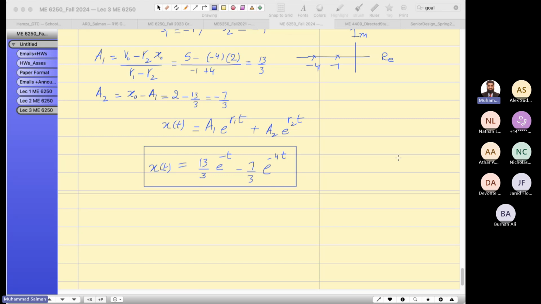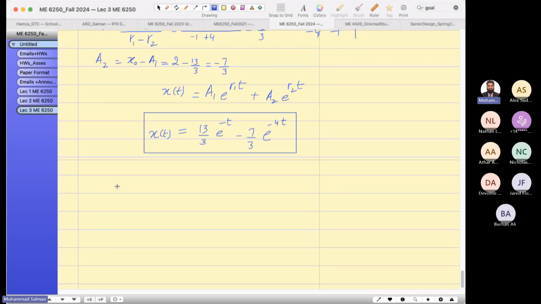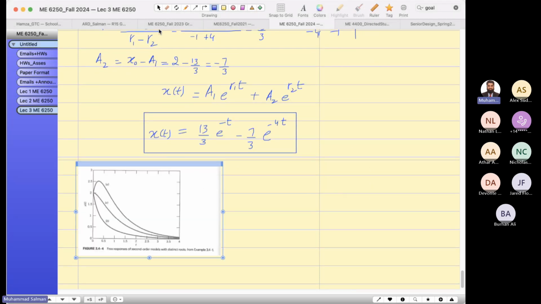Since we have a few more minutes, I just want to show you the solution here. If you plot this in MATLAB, you will see three cases like this.